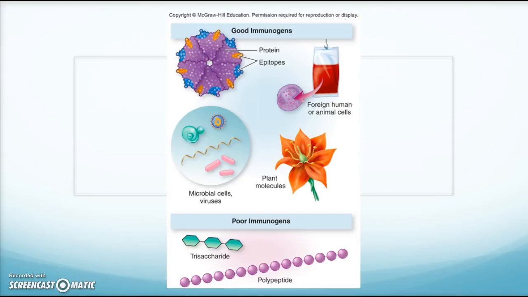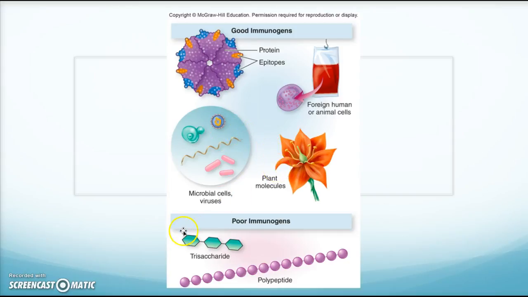Some good immunogens that we might see are proteins that have interesting epitopes that we might be able to recognize, or foreign human or animal cells, microbial cells or viruses. We can see some bacteria, some viruses, different things, or plant molecules.